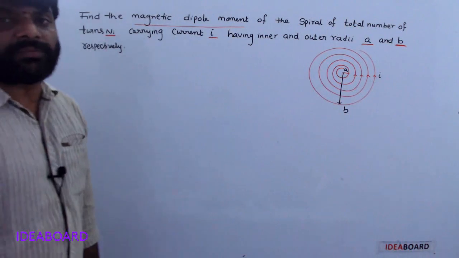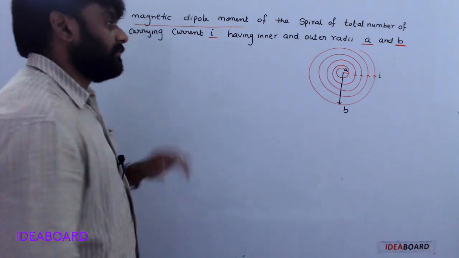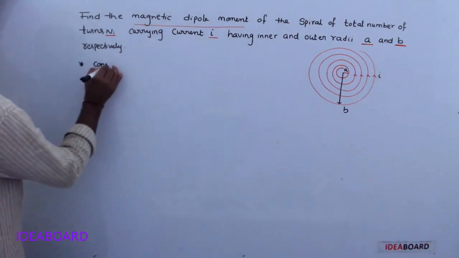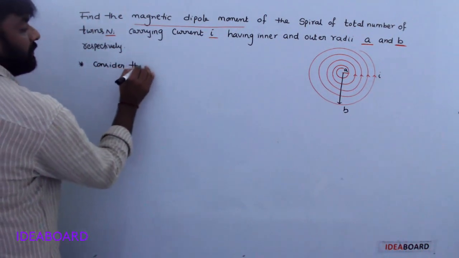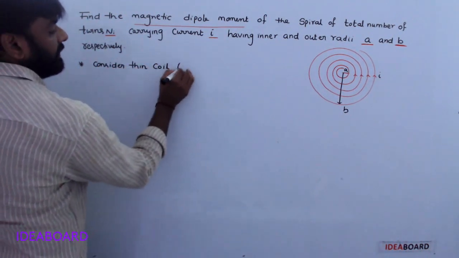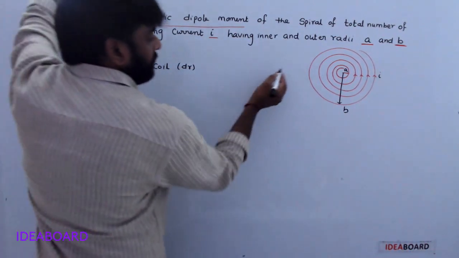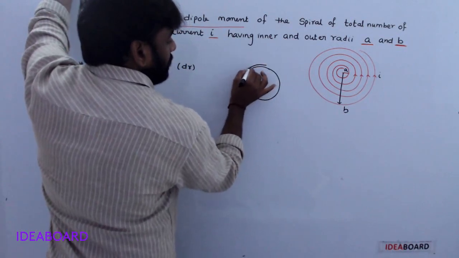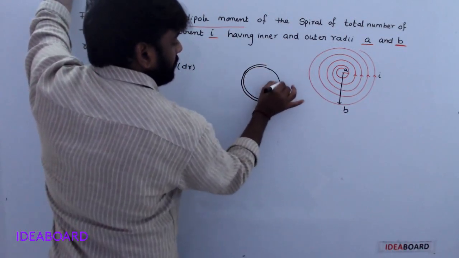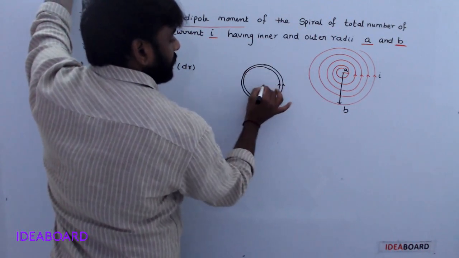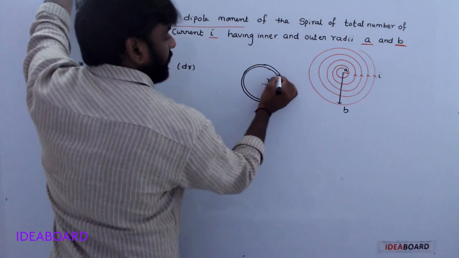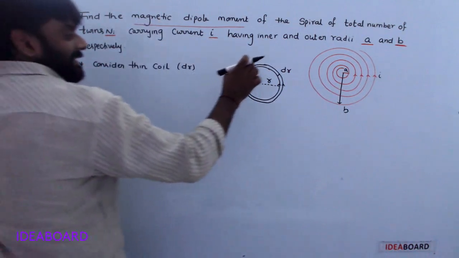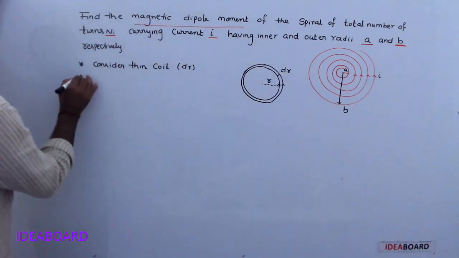First of all, consider a thin coil. Its radius is r and its thickness is dr. In this thin coil, how do we find the number of turns?